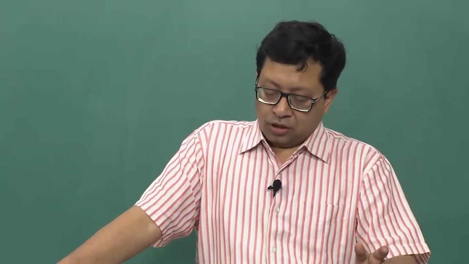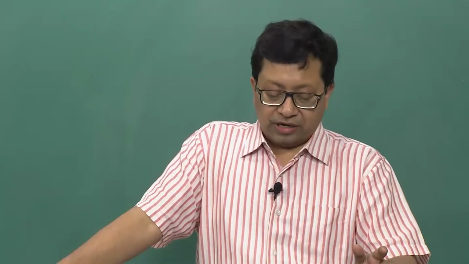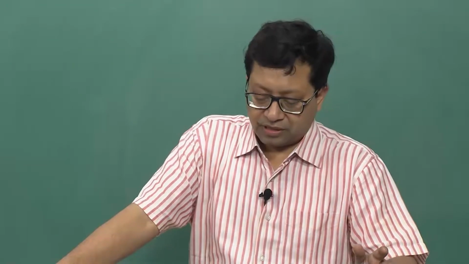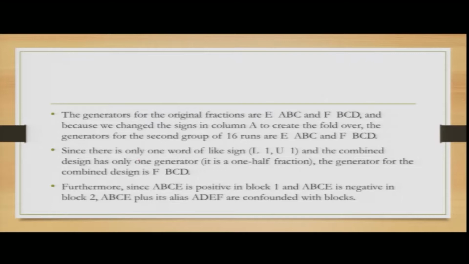The generators are E = -ABC and F = BCD. Since there is only one word of like signs, the combined design has only one generator. So, the generator for the combined design is basically F = BCD.